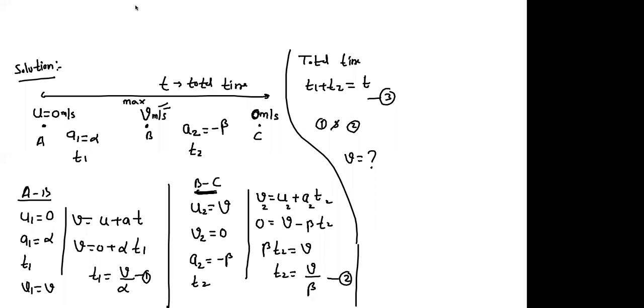Fazil and Sania, your answers? Sir, I got beta by alpha. Only beta by alpha. There would be one t. It is equal to t.